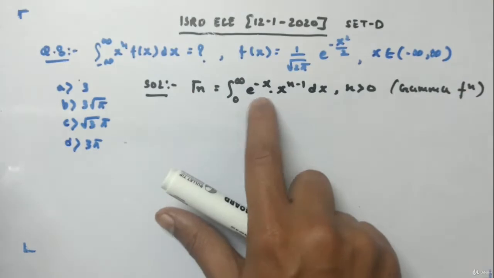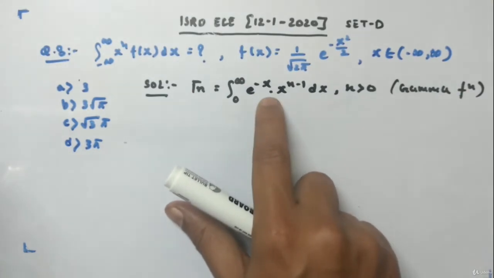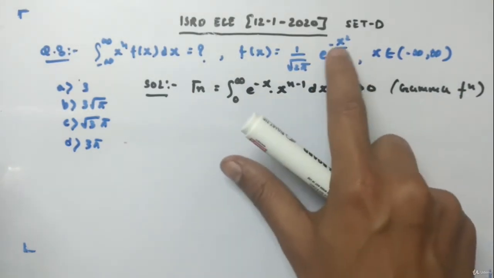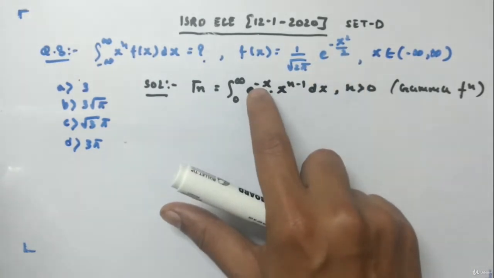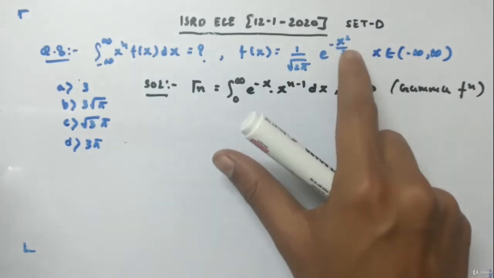So I'll target this term e to the power minus x first, because I have to compare with this. By comparing, I want minus x, but I don't want x square divided by 2.